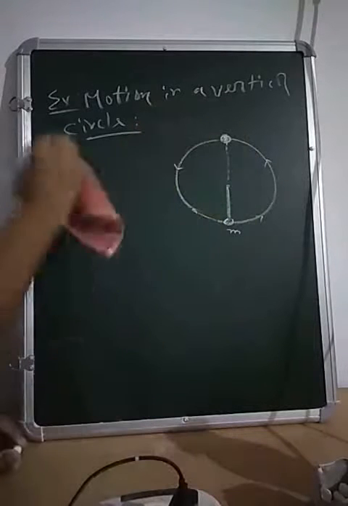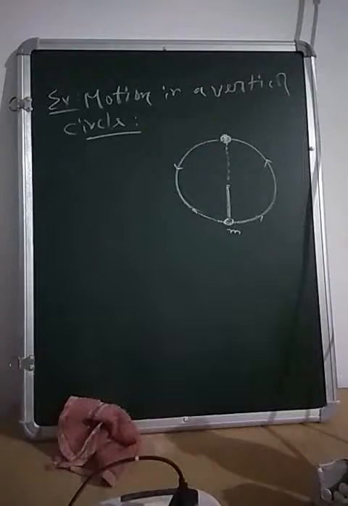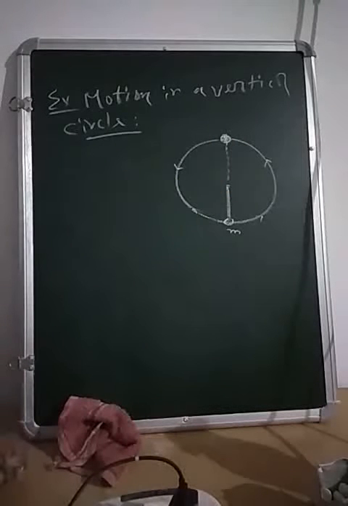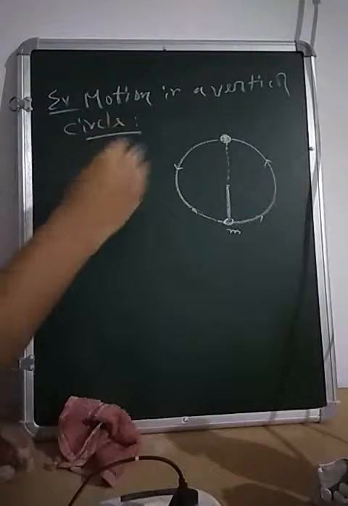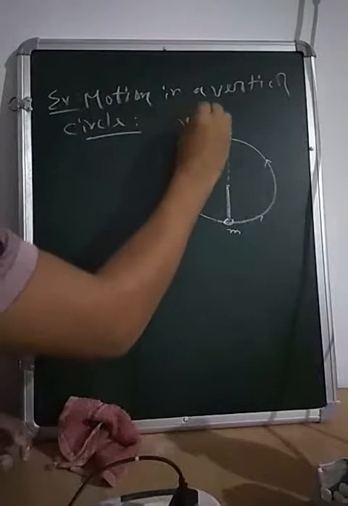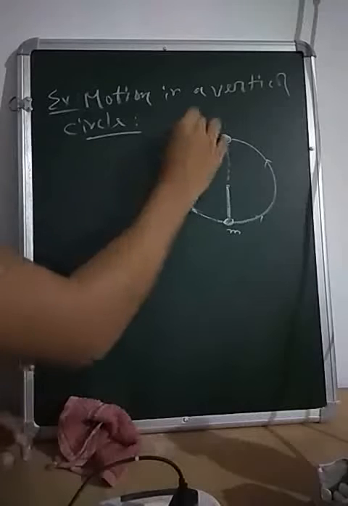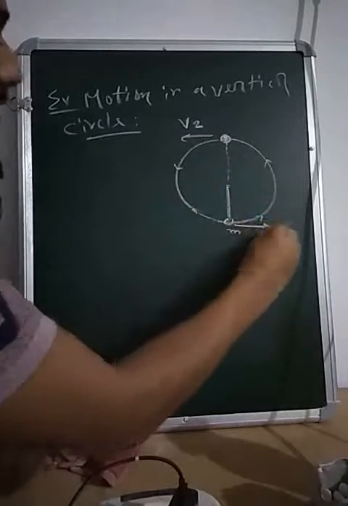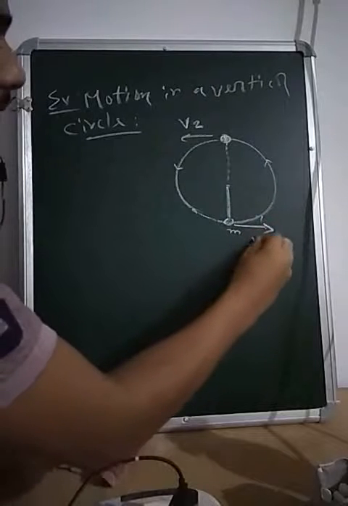So we have to calculate the minimum velocity. Suppose it is v. Suppose at this point the velocity of this mass is v1.